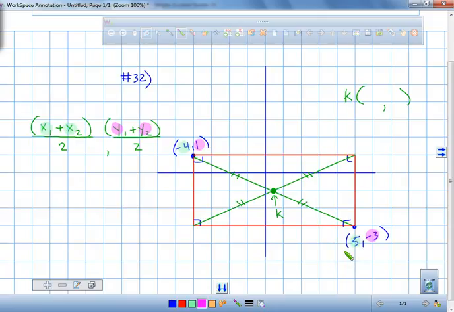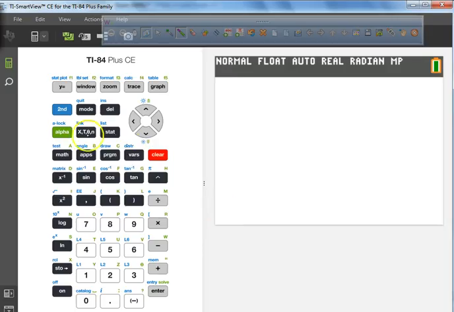Now, if you're going to do it in the calculator, you have to be very, very careful. It's easier to do this in your head than it is in the calculator. Okay? So here you got to be careful. What were my x coordinates? 5 and negative 4. Watch. If I said negative 4 plus 5 divided by 2, this would be an incorrect way to type it into your graphing calculator.